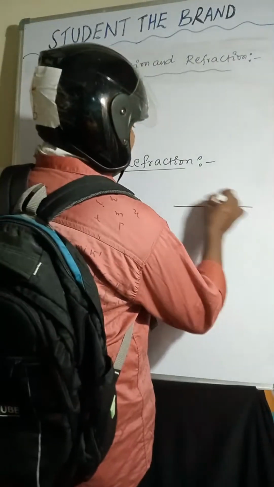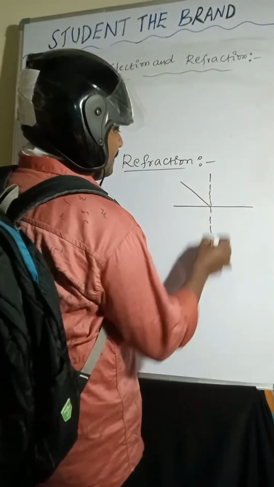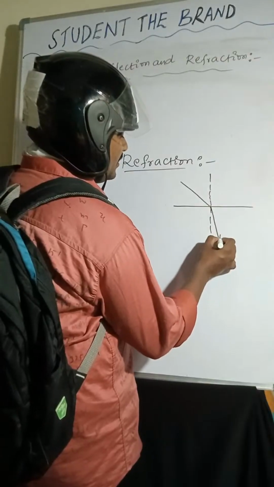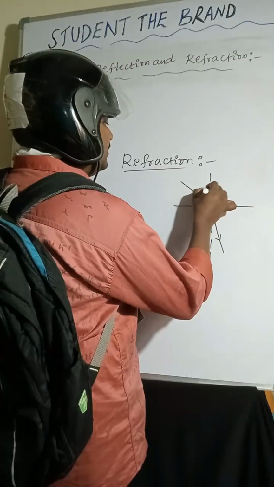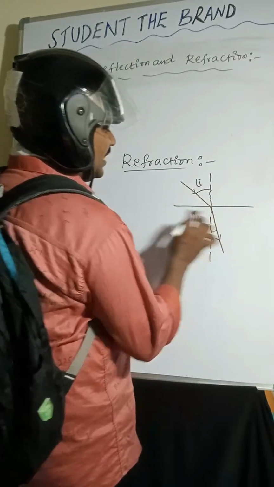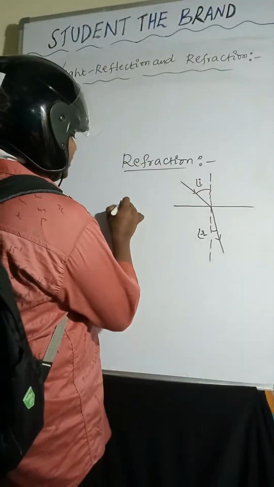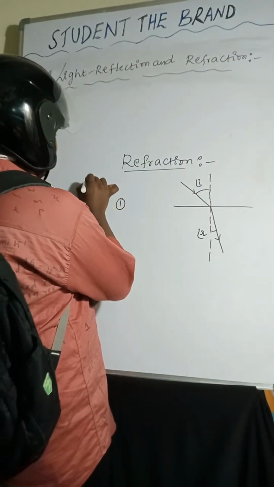I'm taking here the incident ray. This is a normal line. This is a refracted ray. The angle between incident ray and normal line is called angle of incidence. The angle between refracted ray and normal line is called angle of refraction. So the first point is laws of refraction.